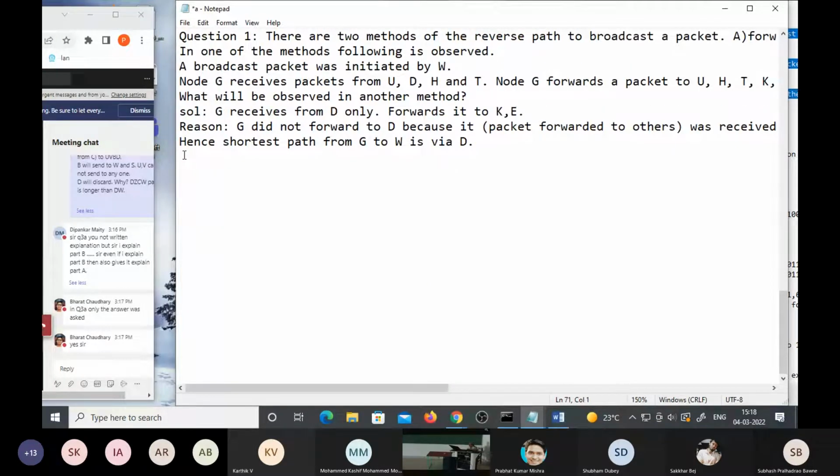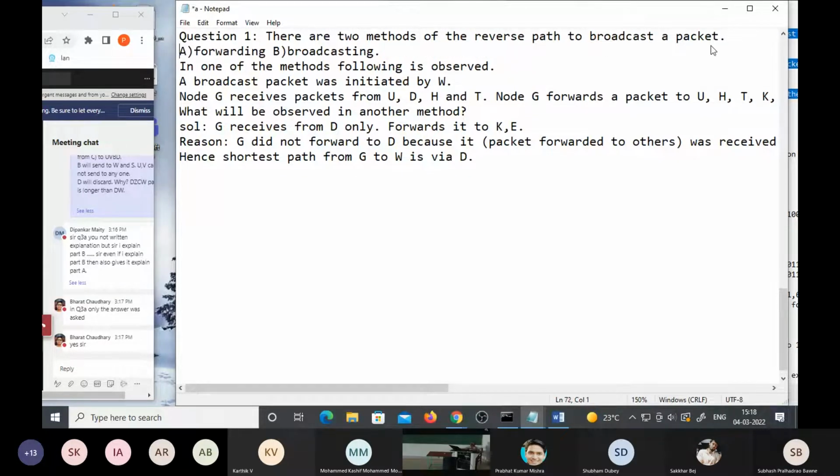Let us see question 1. There are two paths, method 1, method 2. Is it correct? Yes.